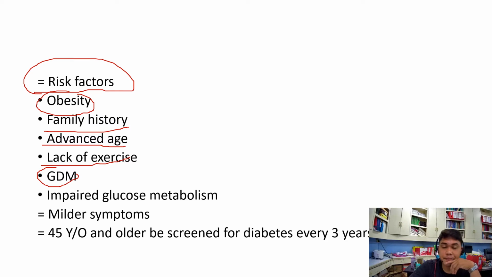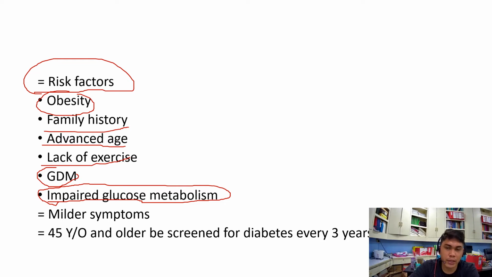Next, GDM, gestational diabetes mellitus. 30 to 40% of cases of GDM tend to convert to type 2 DM 10 years after pregnancy. Impaired glucose metabolism or pre-diabetic state is another risk factor of diabetes.